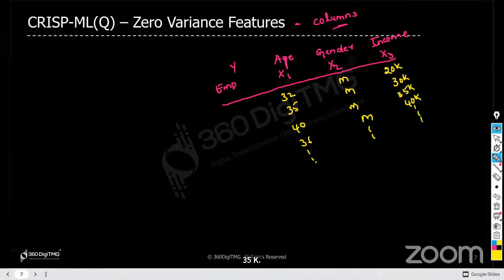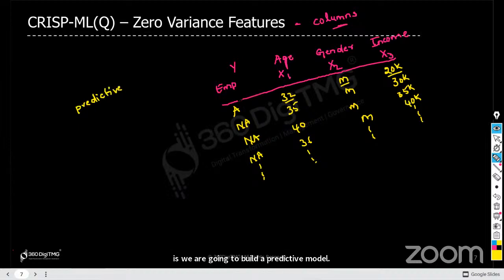If a person is of age 32, male, and has an income of 20K, I'll write whether he will resign, which means he will attrite, or he will not resign. When I send this for the prediction process, I'm going to build a predictive model to predict whether an employee is going to resign or not. We will talk about predictive modeling in detail later, but for now, this is just an example.